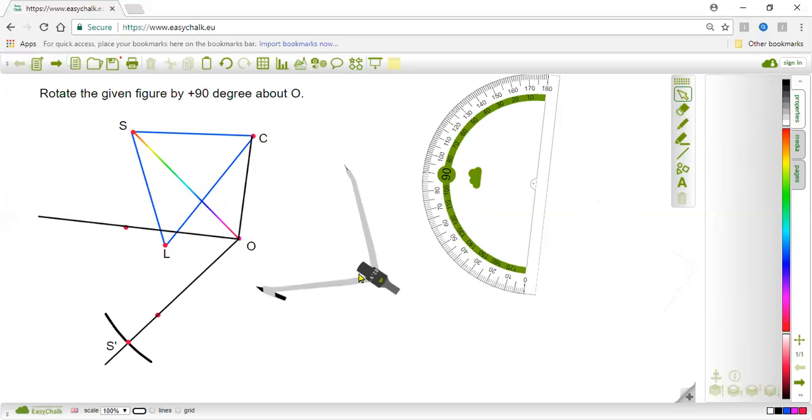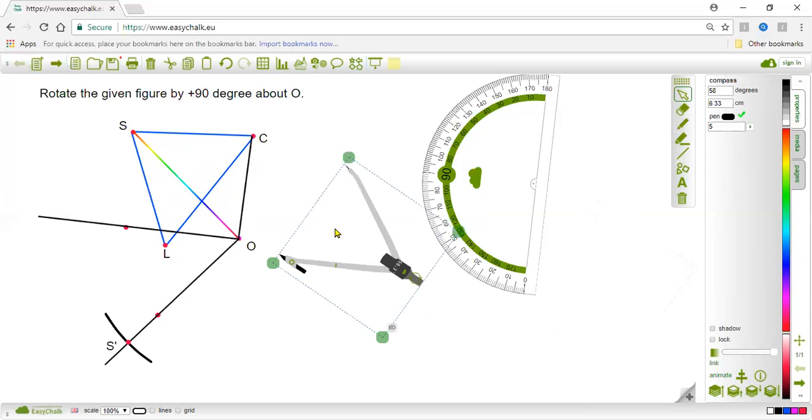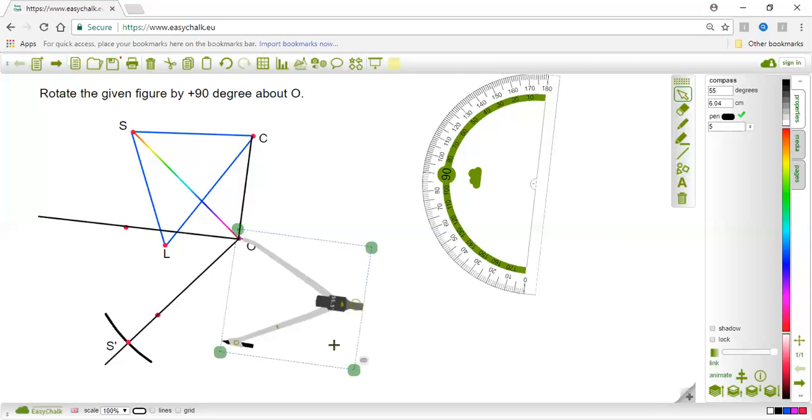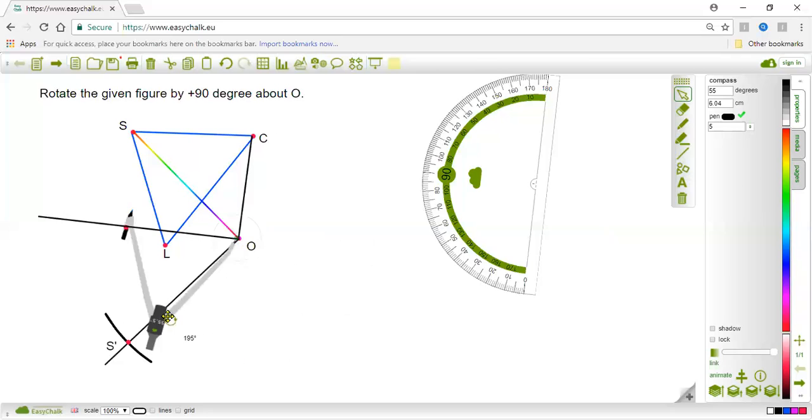Let me measure the object distance CO. I am doing this for the vertex C, so we have to measure the distance CO using this compass. This is the CO distance, and by taking the same measurement, we have to cut this perpendicular line. Let's cut like this.